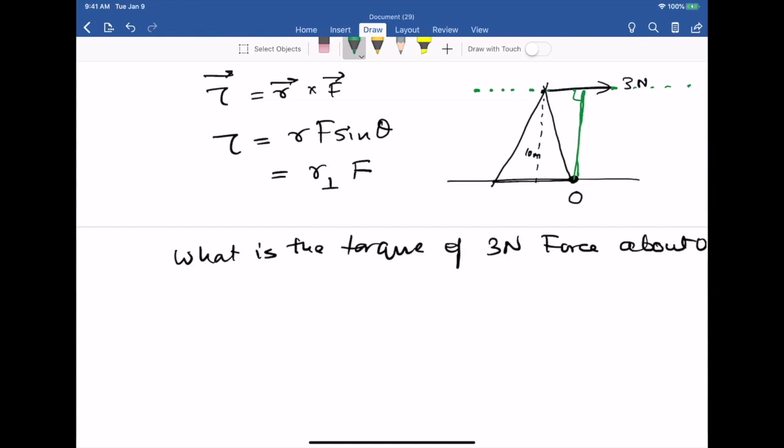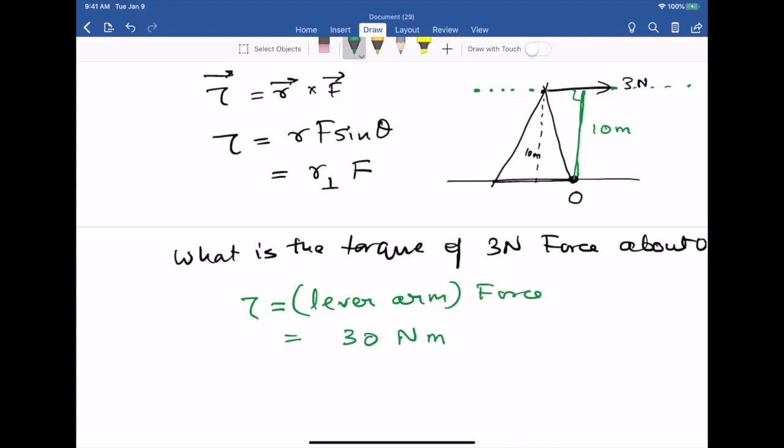The answer is yes. Clearly it will just be 10 meters. So then we found the lever arm, we already know the force, so we can easily find the torque as lever arm multiplied by force, which is 30 newton meters.